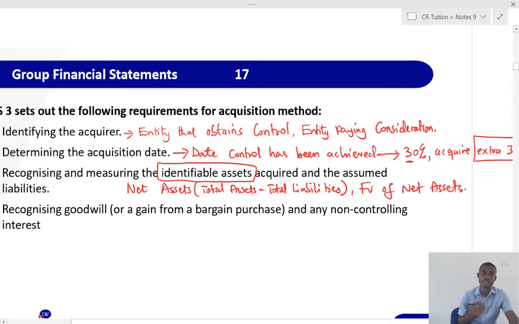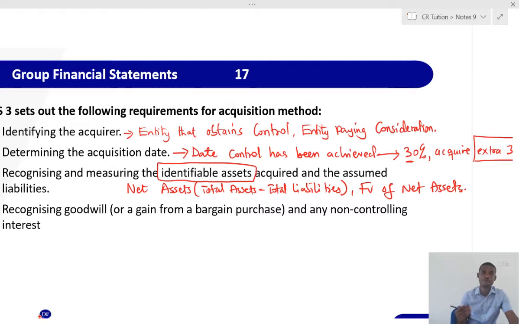So it means that if the subsidiary had some internally generated assets which were previously not recognized, at acquisition we have to determine the fair value of these internally generated intangibles. Once we can measure their fair value, they should be part of the asset value. Unless, of course, we cannot measure their value, then they go into the total value of goodwill.